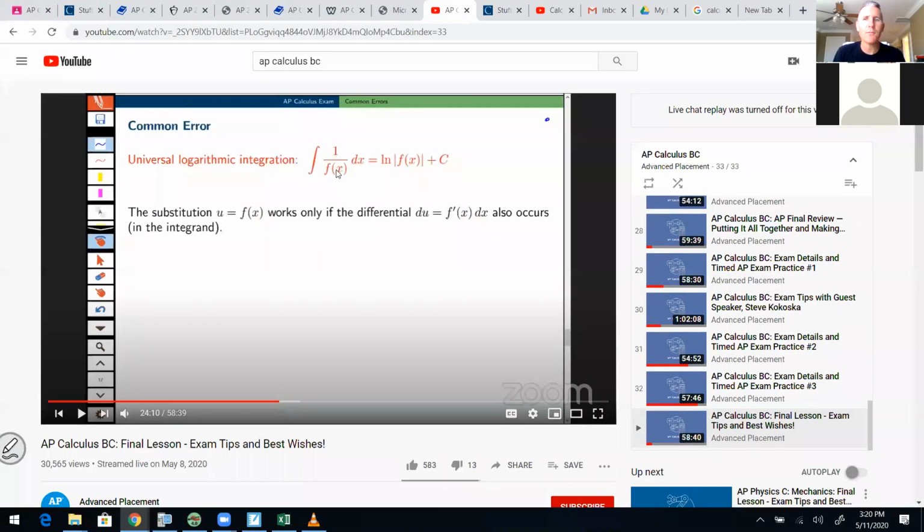This is only true when f of x is linear, and we can go straight from here to there if the slope is 1, or what's in front of the x is just 1. Otherwise, you have to take into account the derivative. Anyway, that's the first one I want to finish.